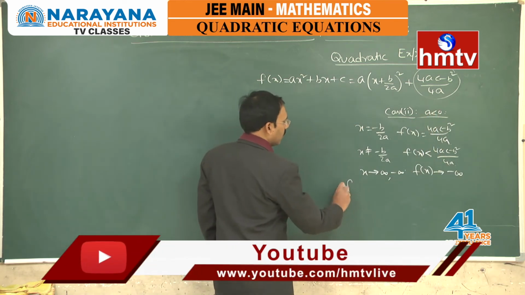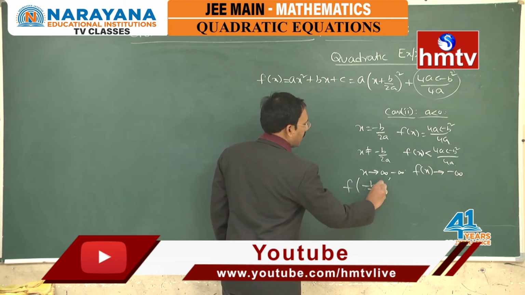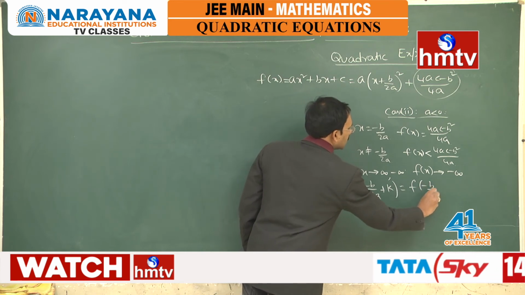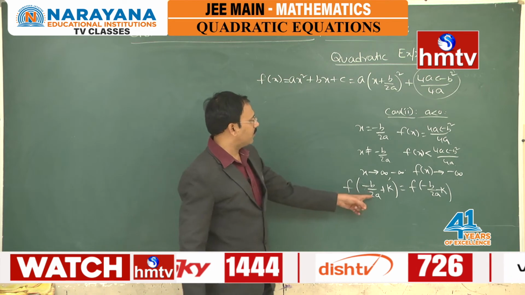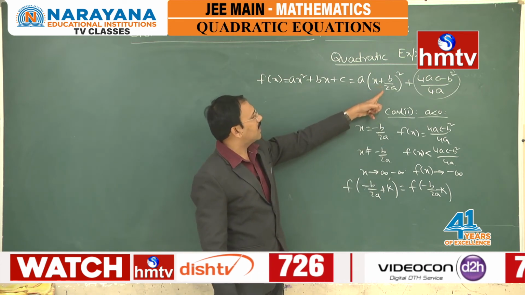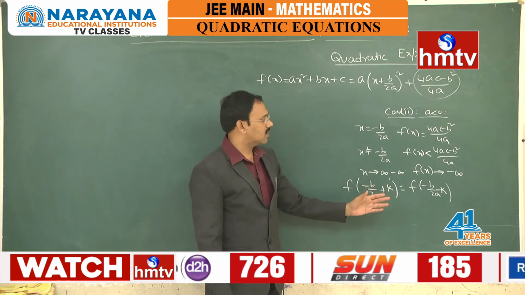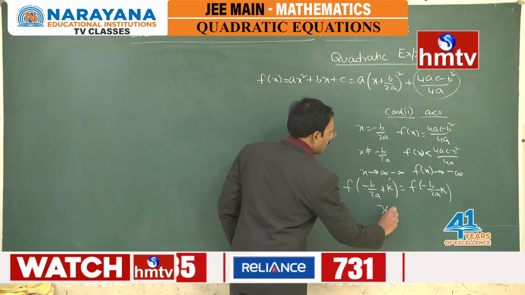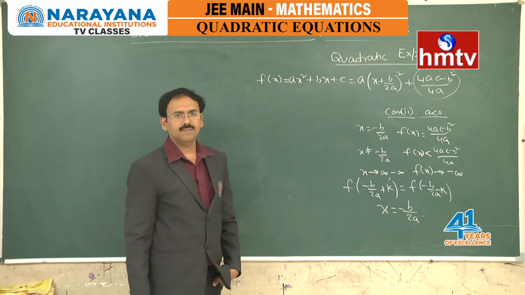Then moreover, f of minus b by 2a plus k will be equal to f of minus b by 2a minus k. Because if you put minus b by 2a plus k or minus k, ultimately you are going to get the same expression, and hence we can say that it is symmetric about the line x is equal to minus b by 2a, right.